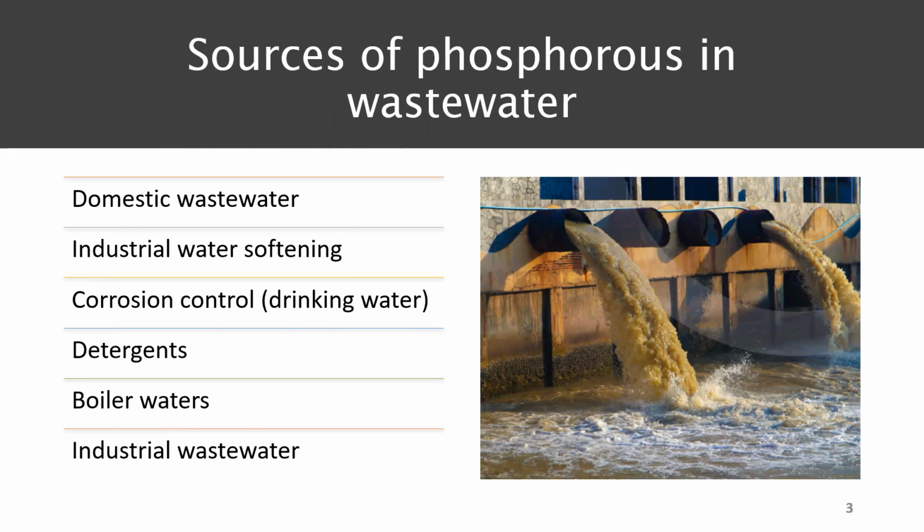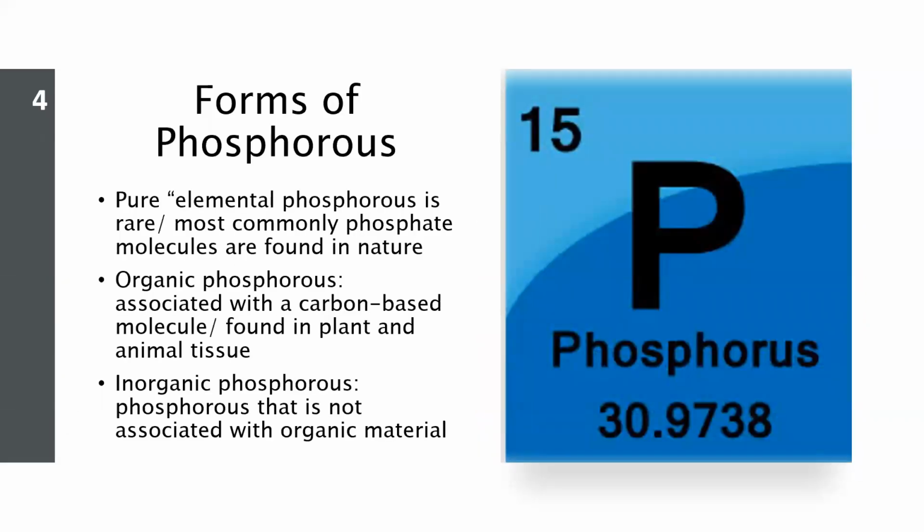So that's another source of phosphorus that eventually ends up in the wastewater. There's a lot of phosphorus in detergents and other boiler waters, as well as different industrial wastewater treatment processes can have varying degrees of concentrations of phosphorus.